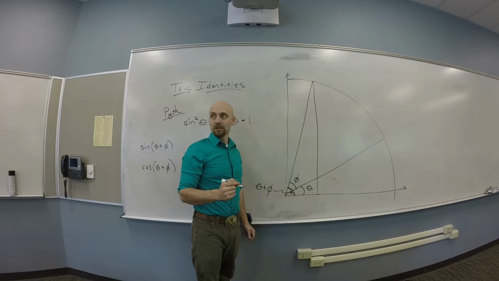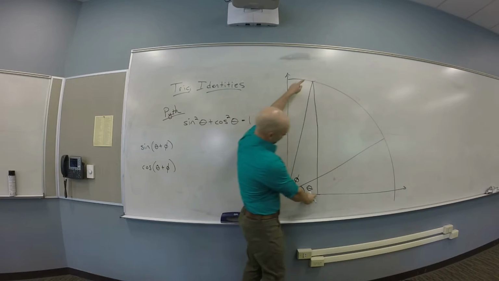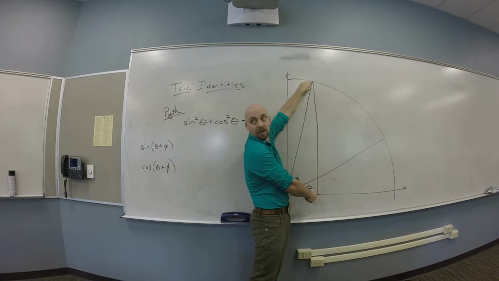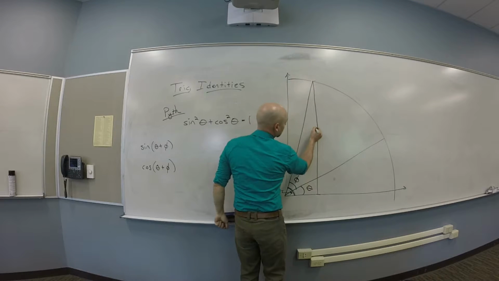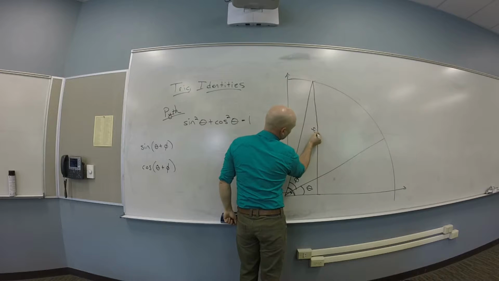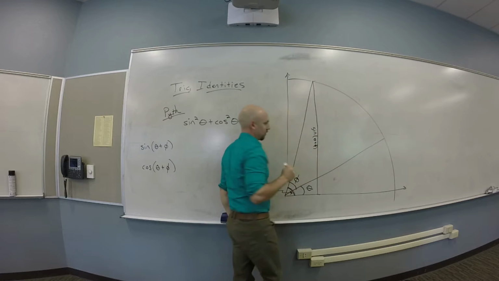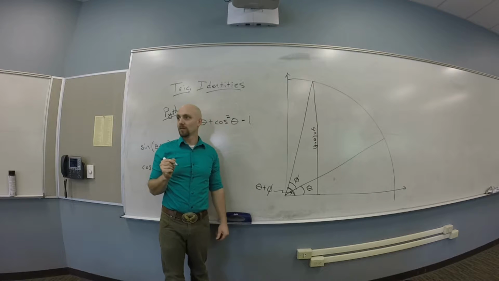You guys see that? So this whole distance, because this whole angle's theta plus phi, that whole distance is the vertical side for theta plus phi. So that whole thing is sine of theta plus phi. You guys with me on that?